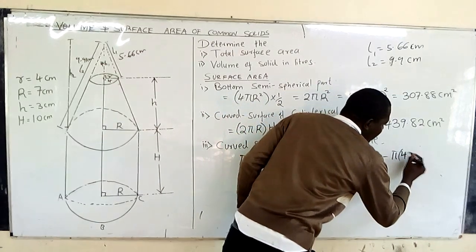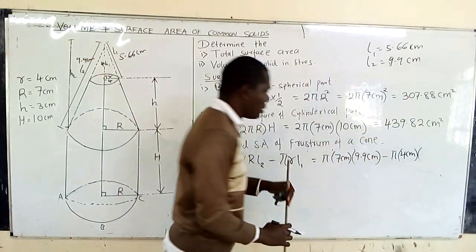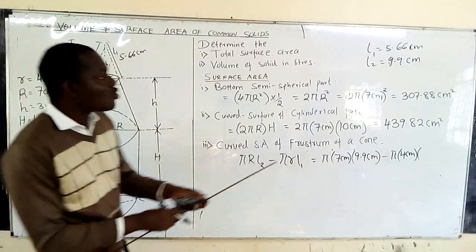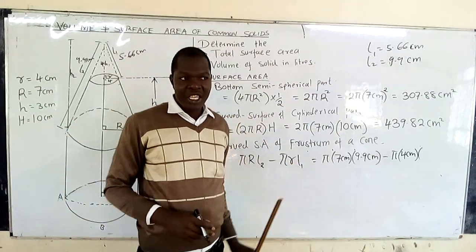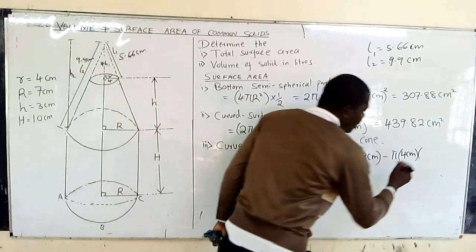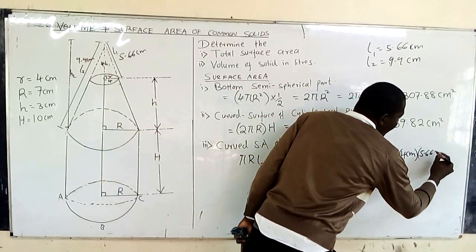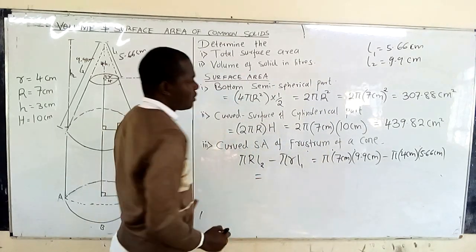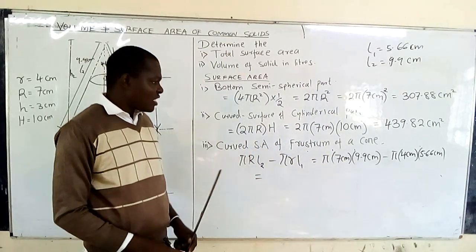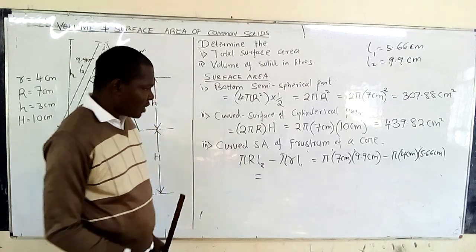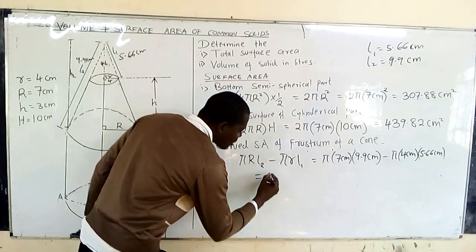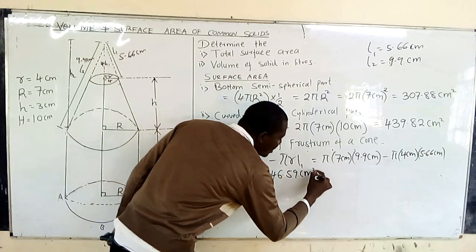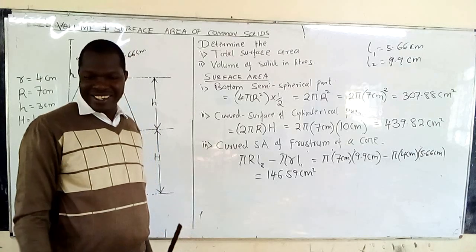Then L1 you found to be 5.66 centimeters. So what is that curved surface area? What do you get in the calculator? 146.59 centimeters squared, isn't it?